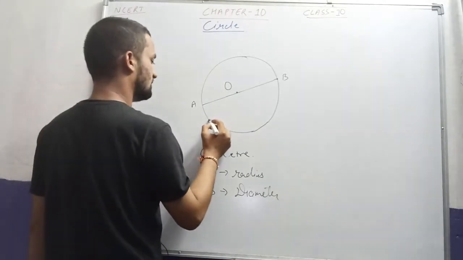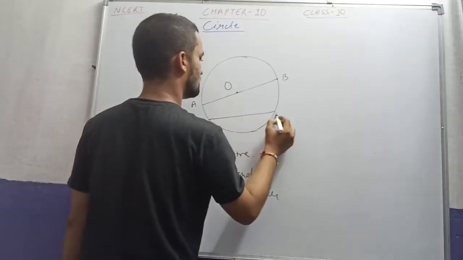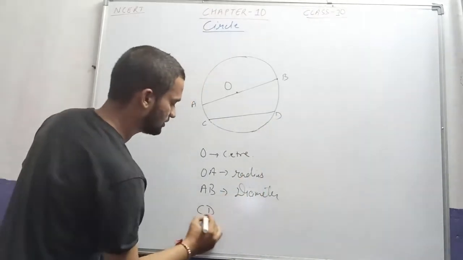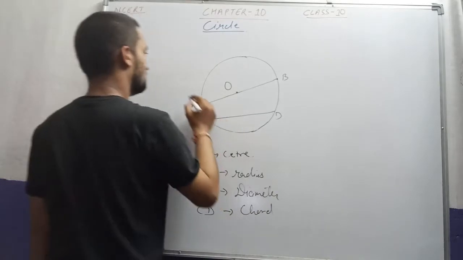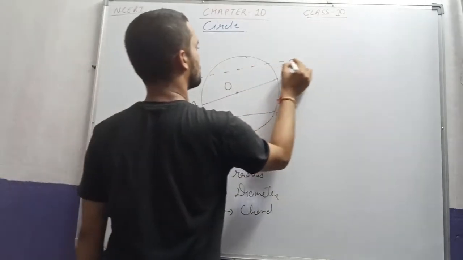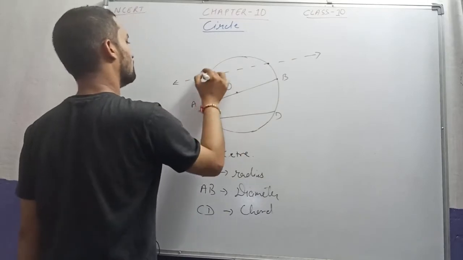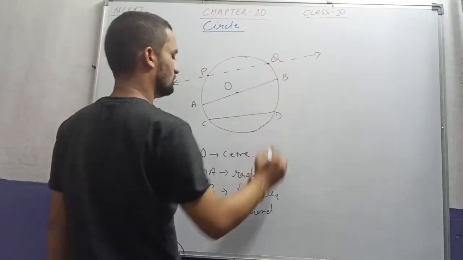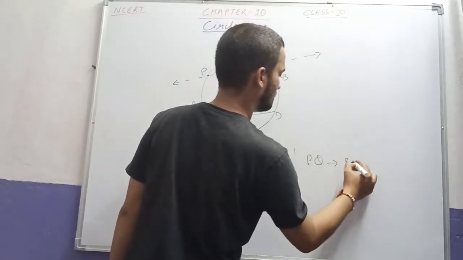If a line segment, this is CD, this is a chord. Suppose a line intersects a circle at 2 points, like P and Q, then PQ is a secant.